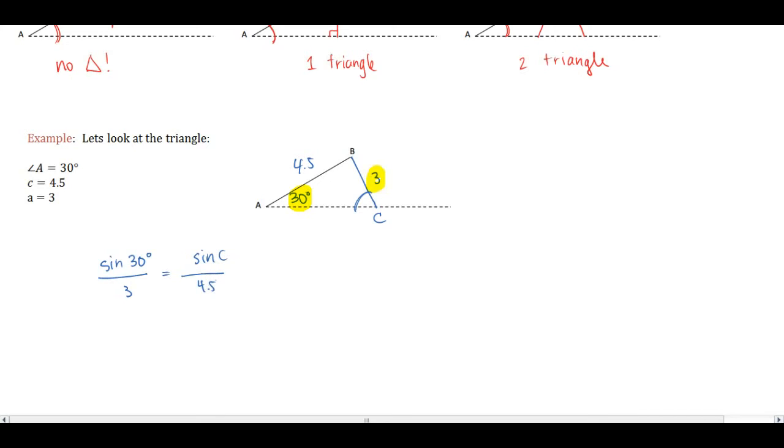And I just go ahead and cross multiply, or multiply the 4.5 over to the other side, and I'm very happy with myself. And I have sine C. Now notice, to move the sine to the other side, I'm going to have to arc sine. And then I arc sine that, I will get angle C.